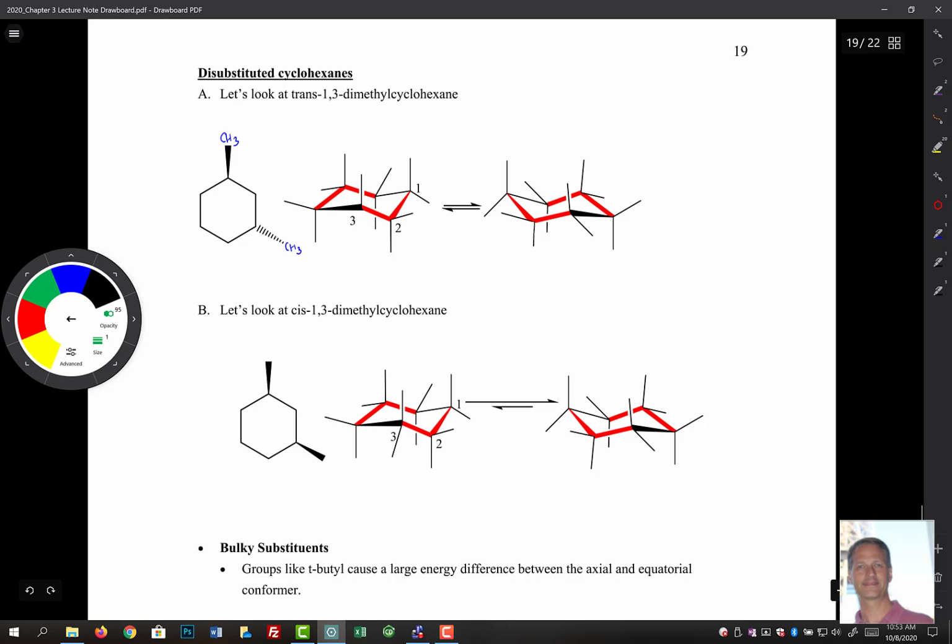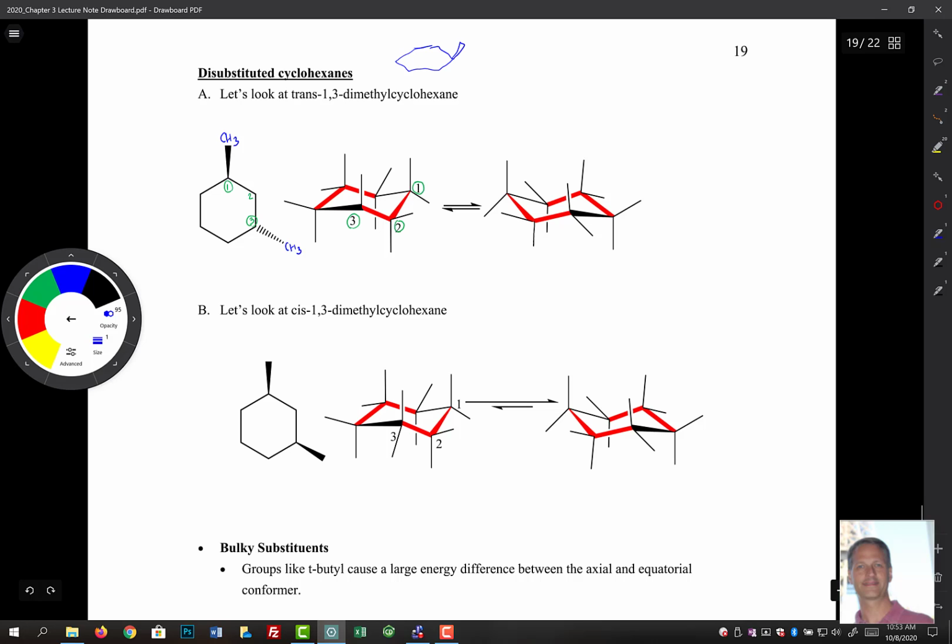And just for numbering this thing, I'm going to call that number 1, 2, and 3. That way, when I look at my ring, I'm going to call that 1, that'll be 2, and that'll be 3 right here. So what I'm going to do is take this and rotate it over on its side. Imagine if you were looking at that really bad energy conformation, right?